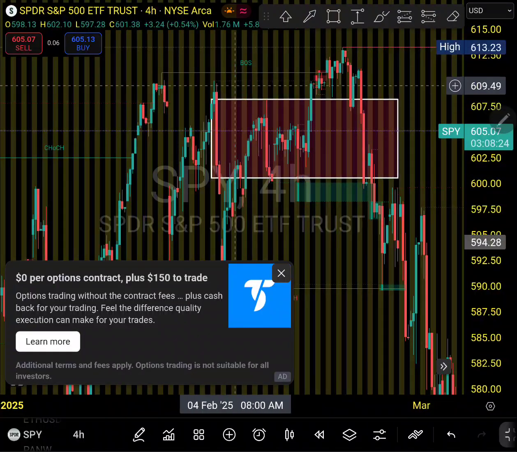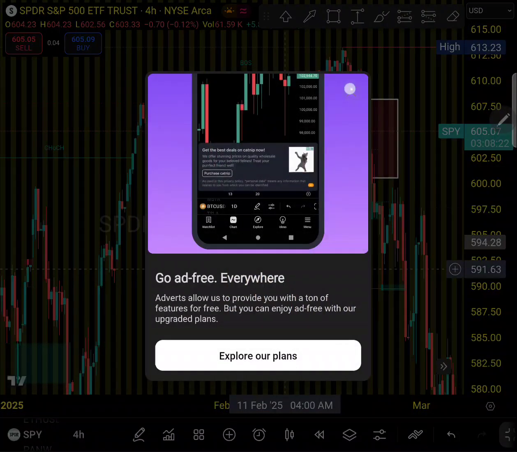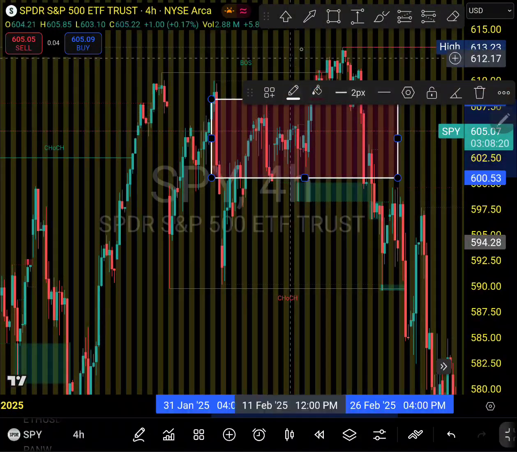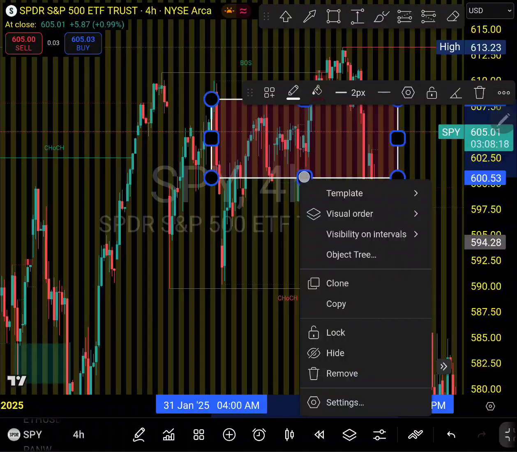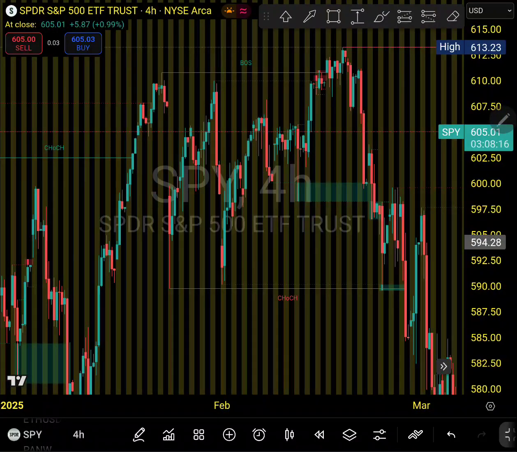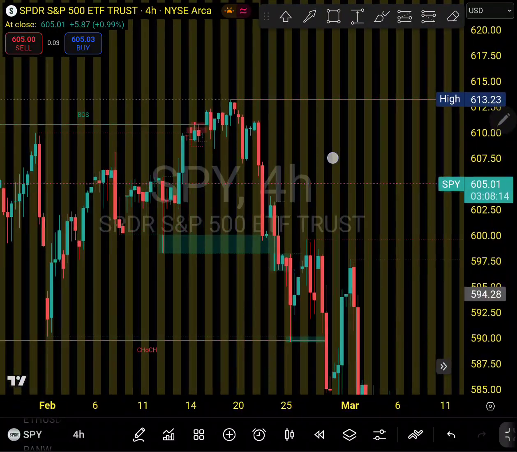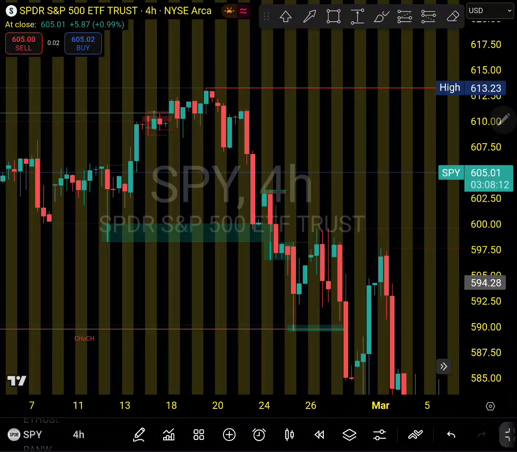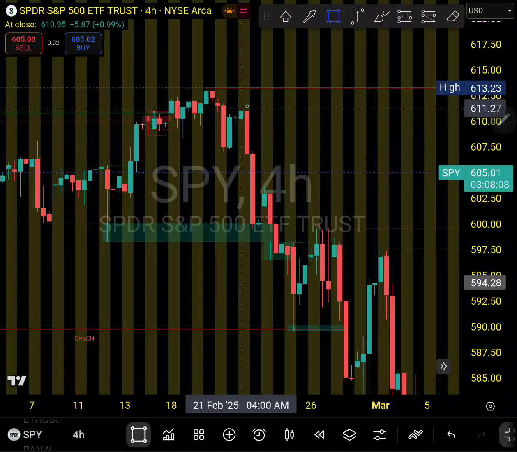So this will be our resistance. The best way would be to find out which candle still creates resistance here.